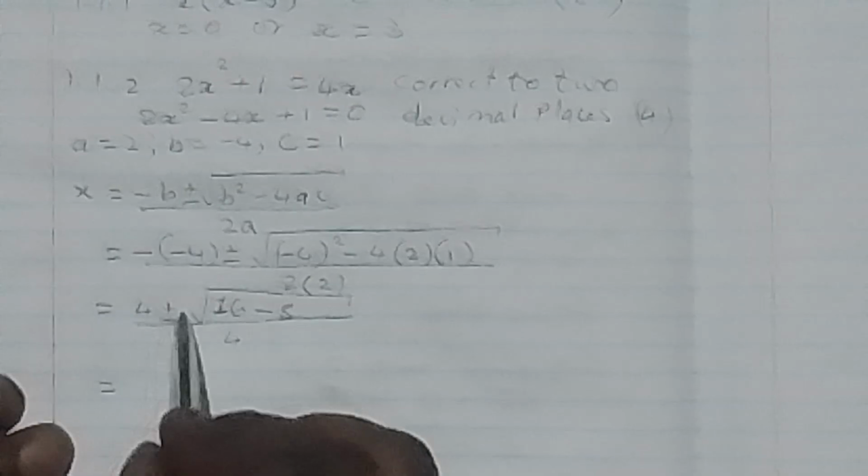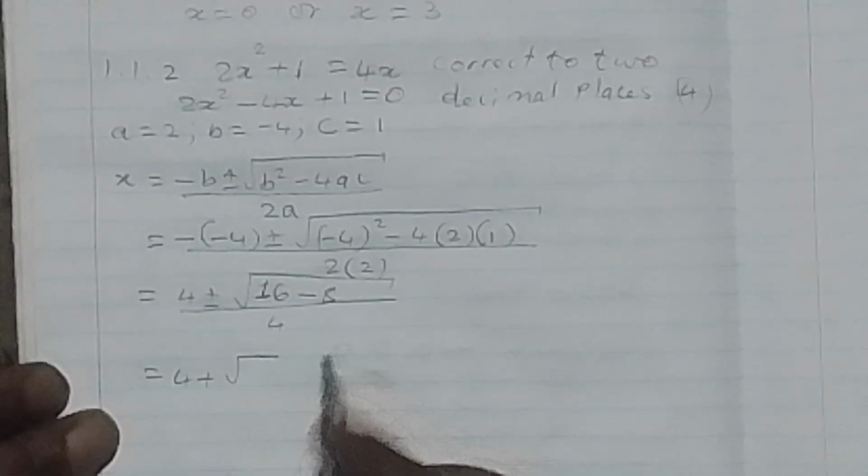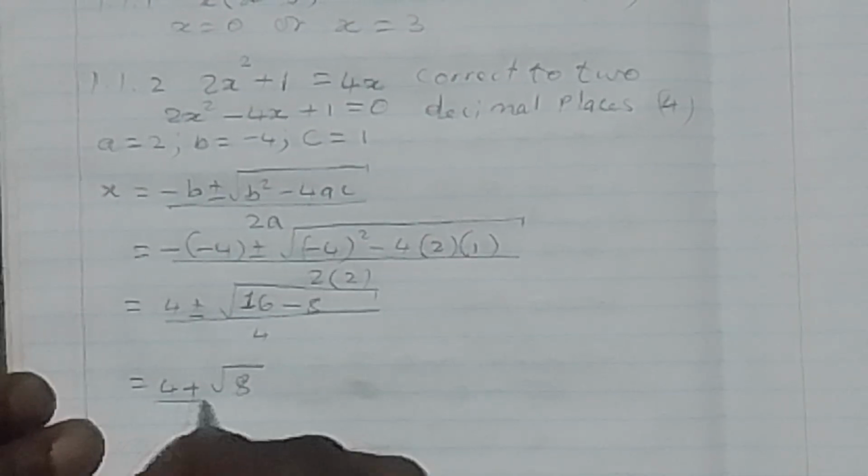Here you have to split this, to take a positive sign and a negative sign. So x is equals to 4 plus the square root of 16 minus 8, which is 8, over 4, or x is equals to 4 minus the square root of 8 over 4.